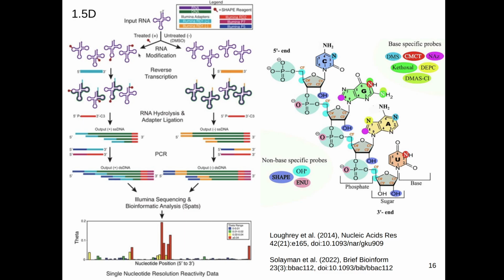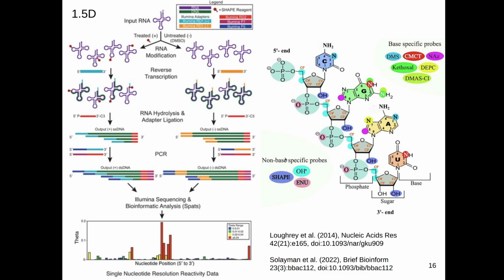The more flexible the position is, normally people assume that the base paired residues are being modified at a lower rate than single-stranded nucleotides. So these are the spectra of different reagents used in different protocols.